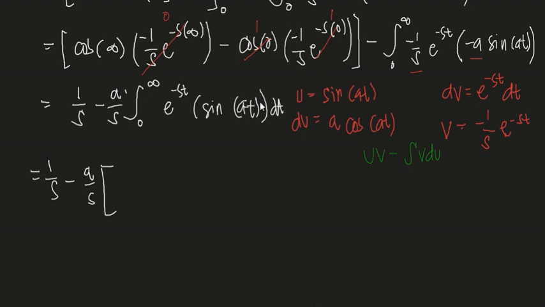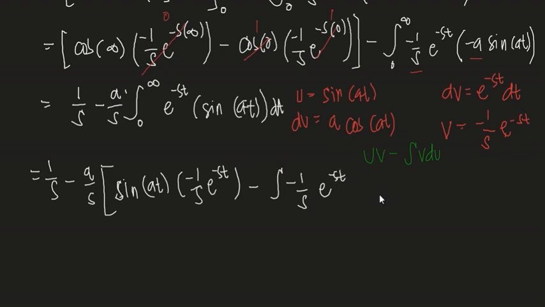So uv, so this is equal to sine at multiplied by negative 1 all over s e raised to negative st. Then, minus the integral of v du. V du, so this is equal to negative 1 all over s e raised to negative st multiplied by a cosine at.